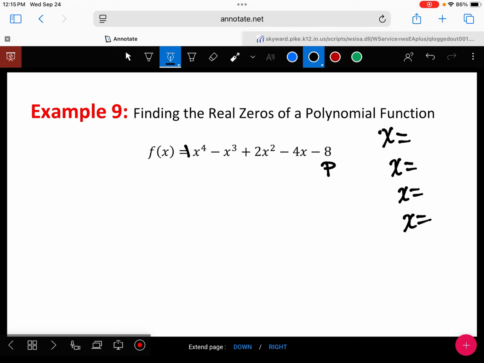P over Q. Q is 1, so that's simple. We're really just listing the factors of 8. The numbers that go into 8 are 1, 2, 4, 8.